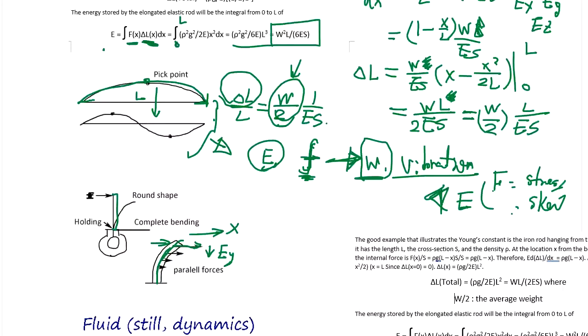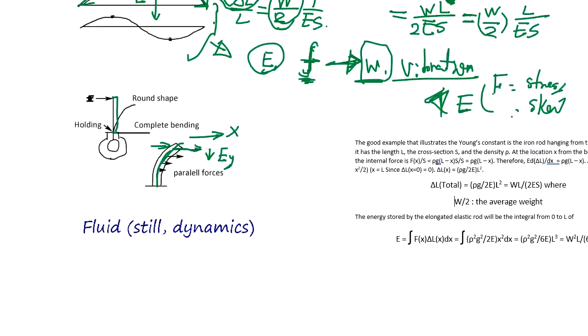So once we measure the material's Young's constant, we can pretty much figure out how it bends, shrinks, stretches, or twists, and how it vibrates. Okay, so that's the elastic material physics.